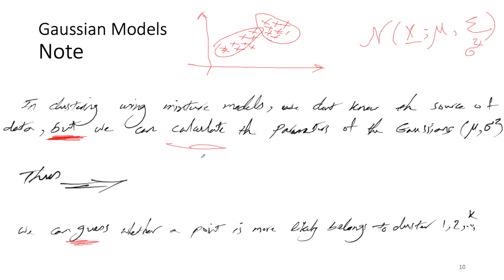And then I can estimate, using these parameters that I found from these two, how likely it is that the point belongs to this one or this one, right? And that's the essence of unsupervised learning. And that's why we need to compute these hyperparameters and best fit them using a Gaussian distribution, right?